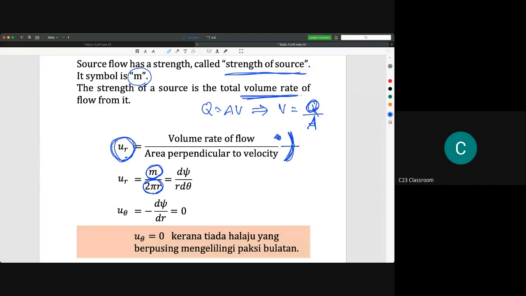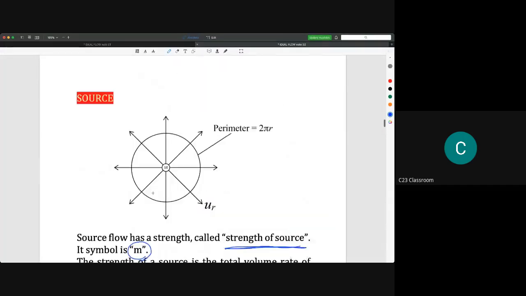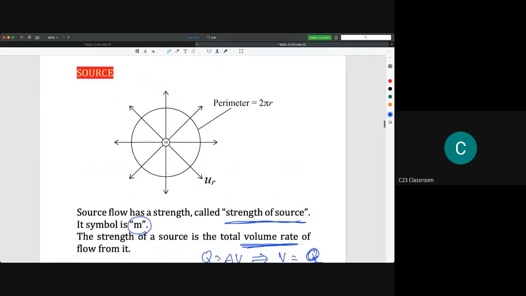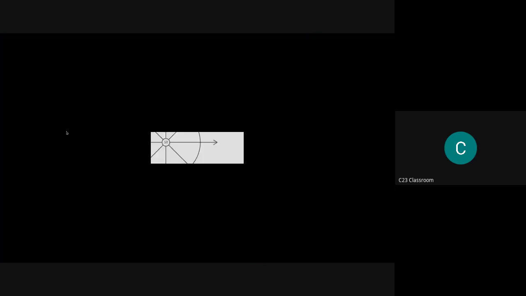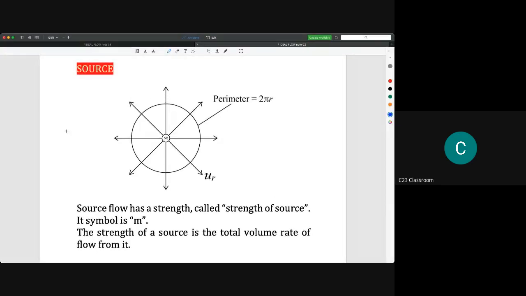Here, please be careful because you need to really understand how to calculate the flow rate. That's why you need to understand that Q is equal to AV, and A here is the area perpendicular to the velocity. The velocity is here. So what is the perpendicular area? This is the perpendicular area.